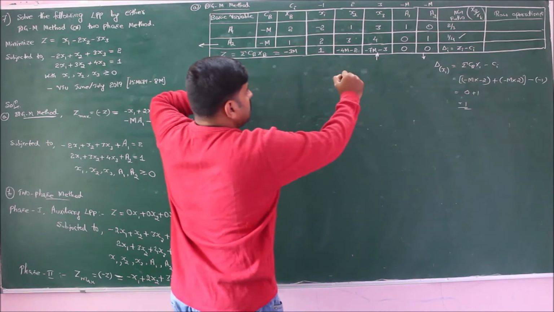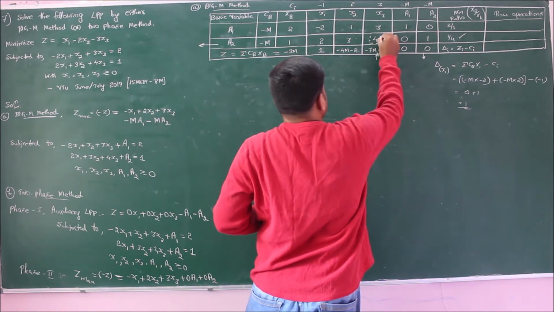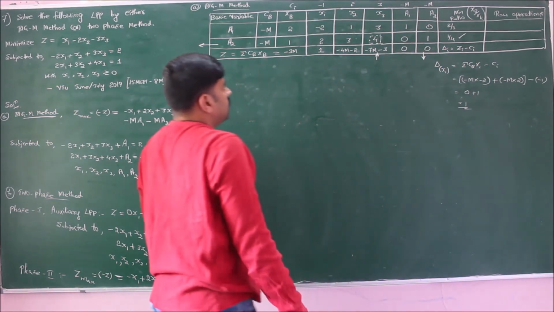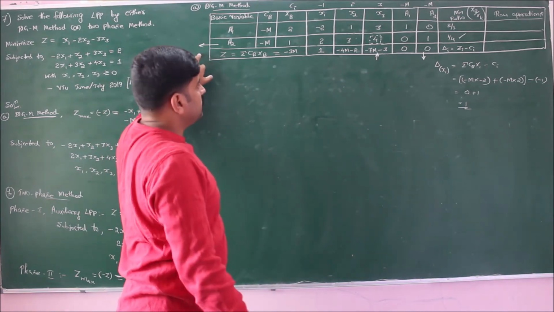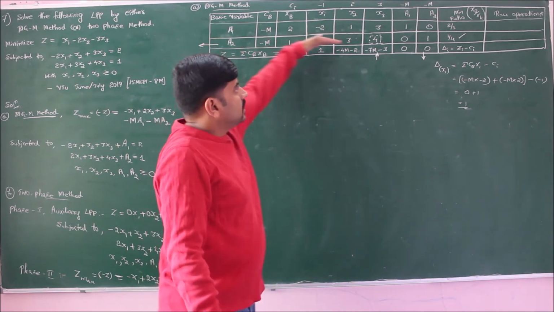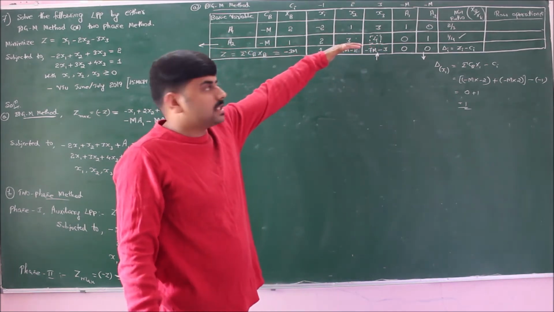Therefore the key element is 4. We have shown the outgoing vector as a2. So x3 is entering the matrix and a2 is leaving the matrix, and the key element is 4. I should make this key element unity and make use of this key row for further calculations.